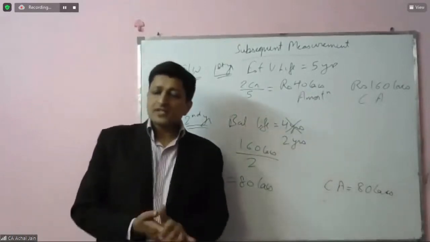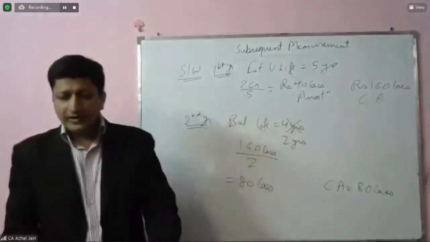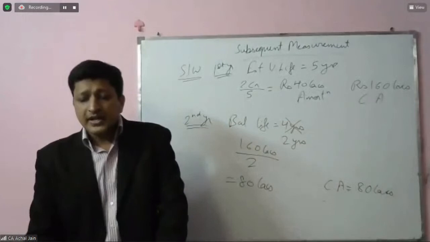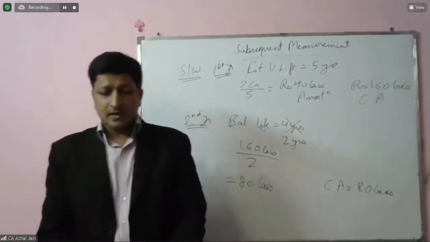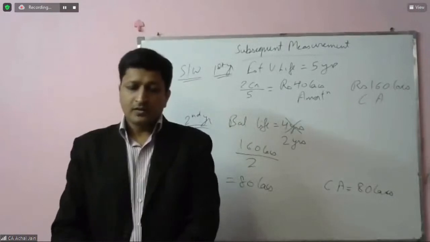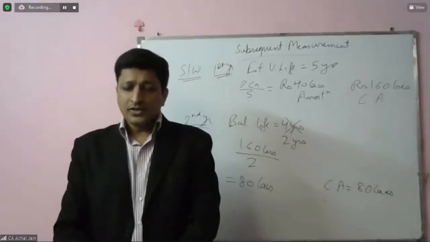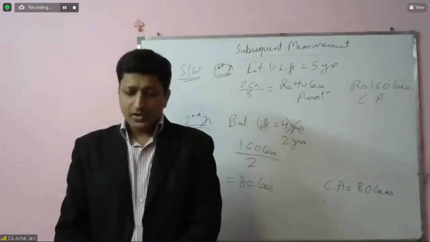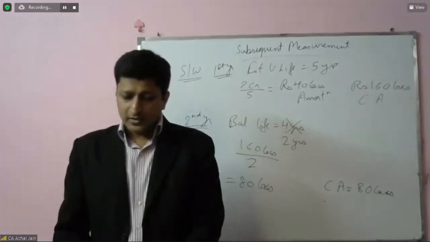Vanshika says, what is the substratum of an enterprise? I'll have to just look into this. Kamal is saying, which accounting standards are important for the exam? All. Yeah, all. So don't think that this one is important, this one is not important.